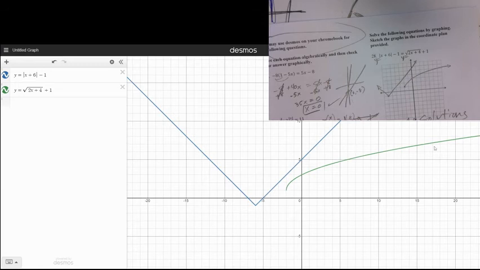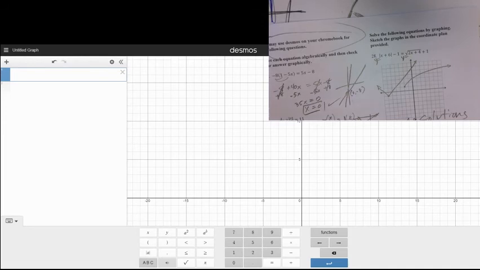Okay, let's go to the next problem, 29. I'm going to graph y equals the left side. So the left side here is x to the fourth plus 4x cubed plus 2x squared minus 3x.